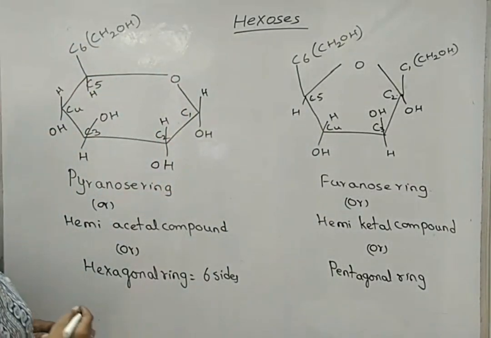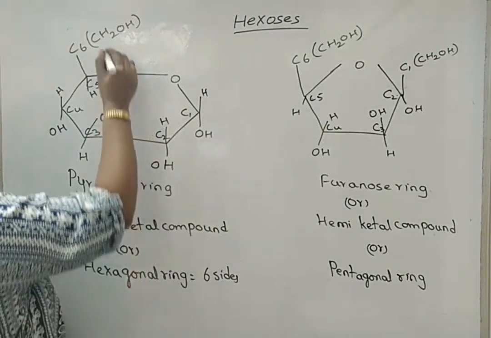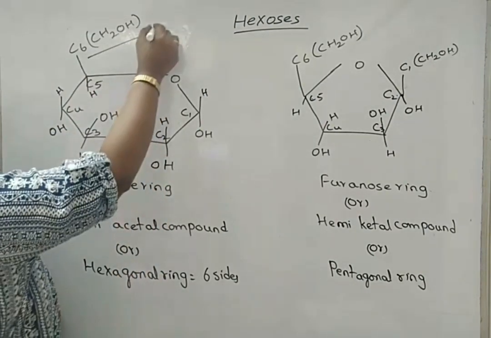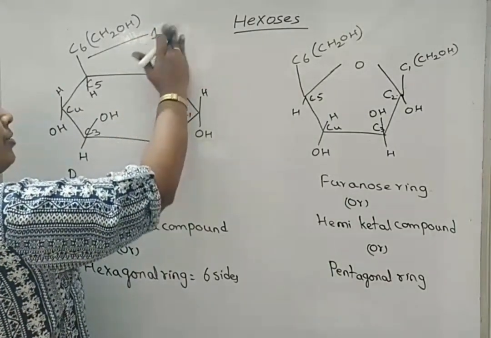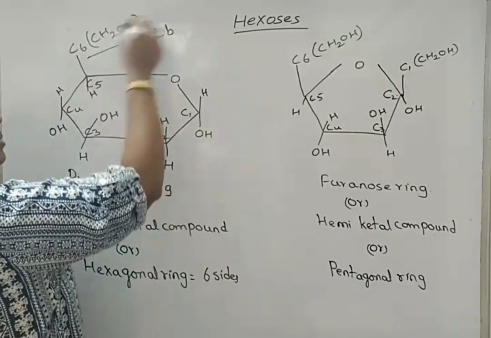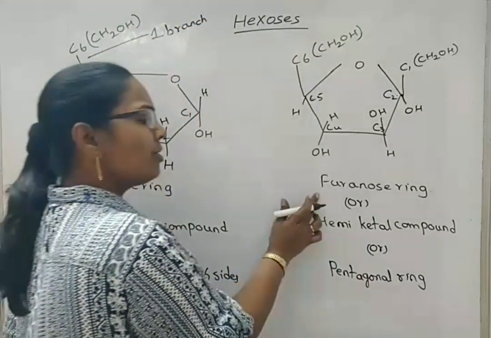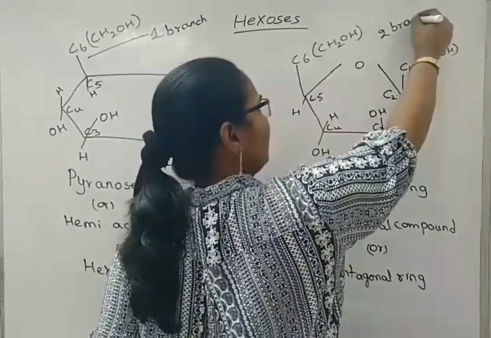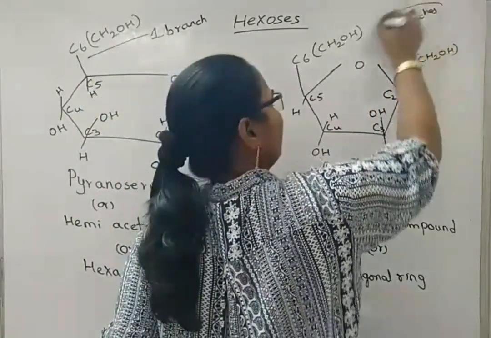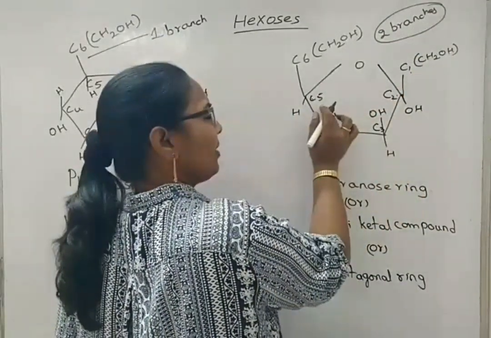One more difference, if we observe: the pyranose ring form has only one branch, that is at carbon 6 position. But the furanose ring has 2 branches, at carbon 2 position and carbon 5 position.